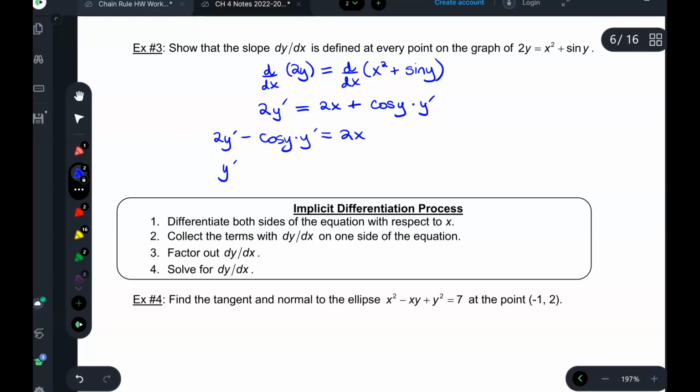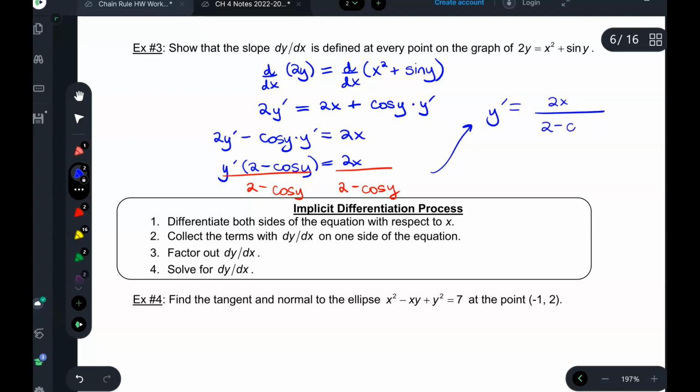So I factor out y prime, and we get 2 minus cosine y equals 2x. We're going to divide both sides, so y prime is 2x over 2 minus cosine y.